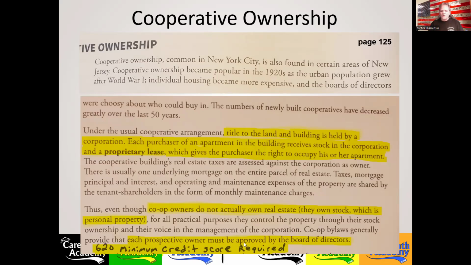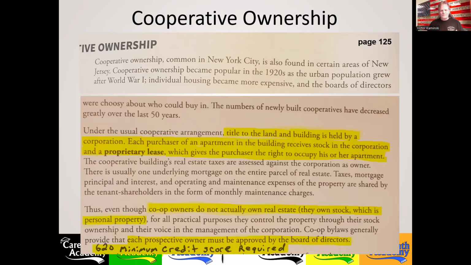Each prospective owner must be approved by the board of directors, and because of that, people sometimes feel like they've been discriminated against. Well, they have to be discriminated against, not in the negative way as far as racial discrimination or something. They can't do that, but it still feels bad when you're rejected.